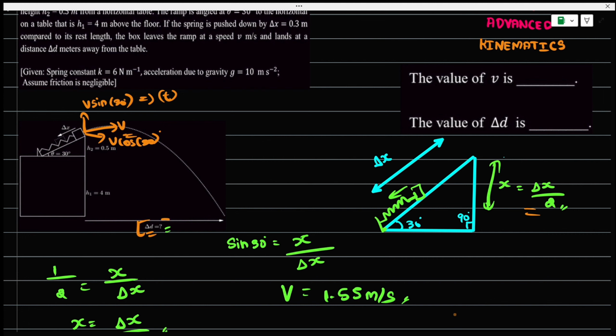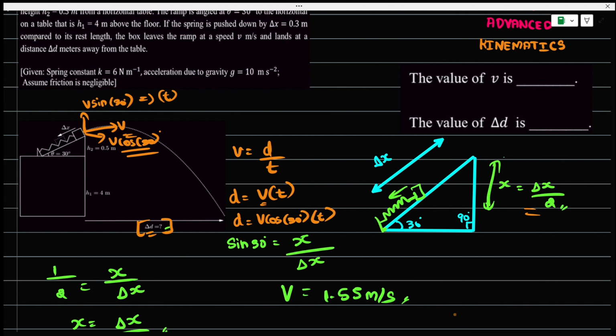Since this is a horizontal distance, v is equal to d by t. So d is equal to v into t, and this particular distance traveled by the block is due to this component of the velocity vector. Therefore d is equal to v into cos of 30 degree into t.